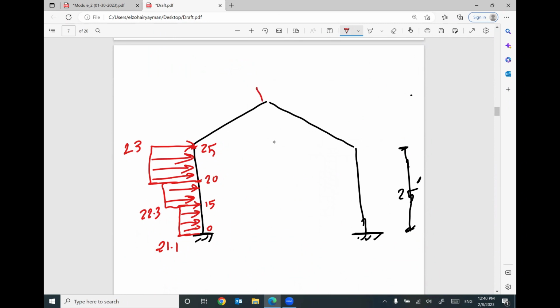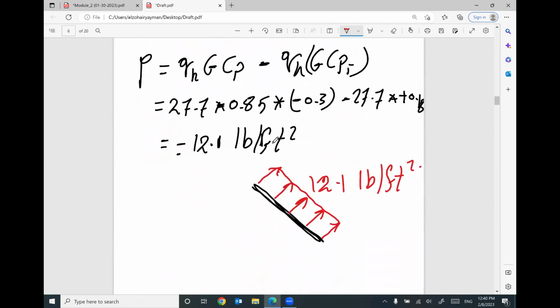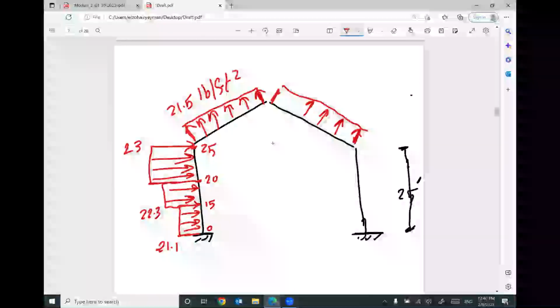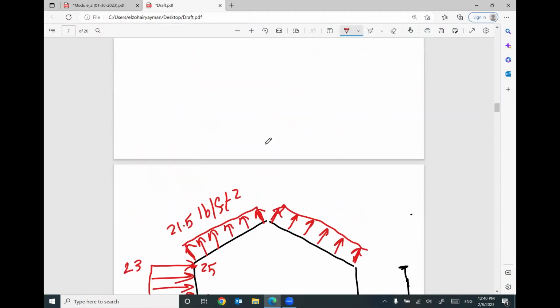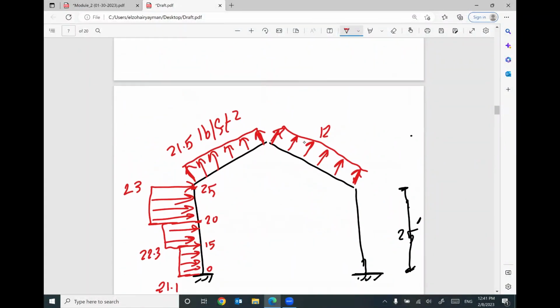For this part of the roof, we have suction. We just calculated it. How much? Which is called the windward roof, 21.5 pounds per square feet. For this leeward roof, we have this suction also. How much? This load, 12.1 pounds per square feet suction.